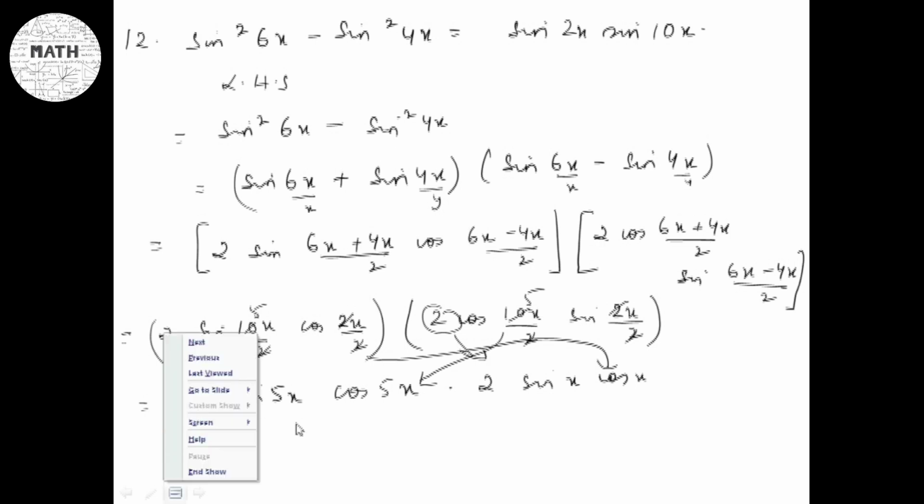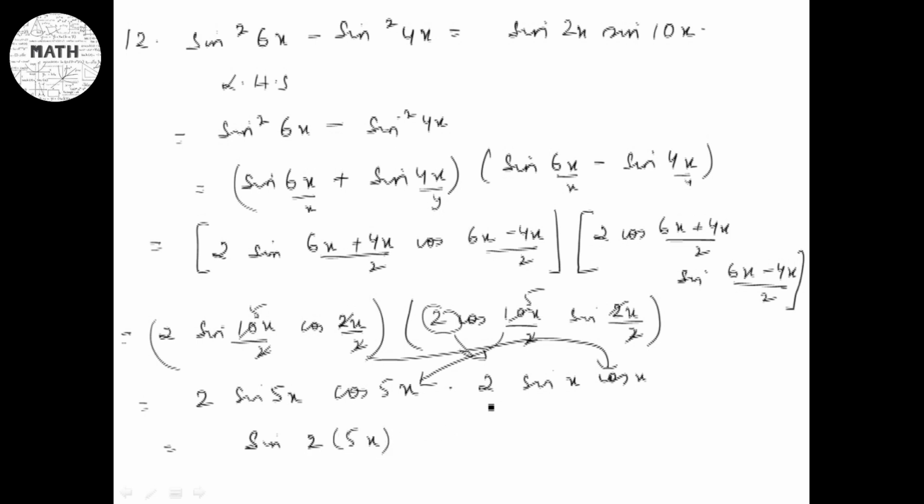What's the formula for 2 sine x cos x? That's nothing more than sine 2x, and similarly 2 sine x cos x is your sine 2x. Do remember that 2 sine x cos x is nothing more than sine 2x.